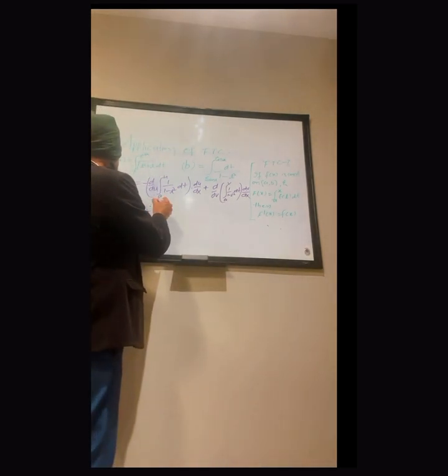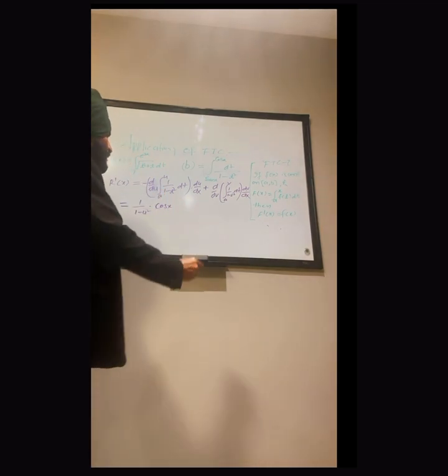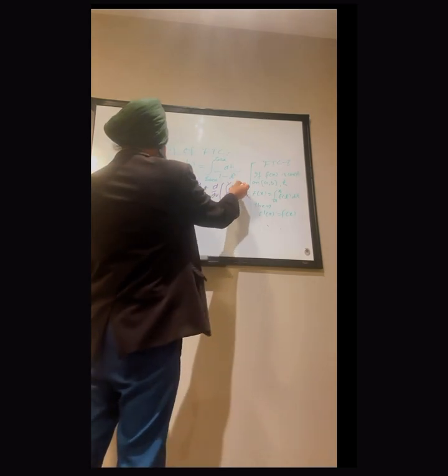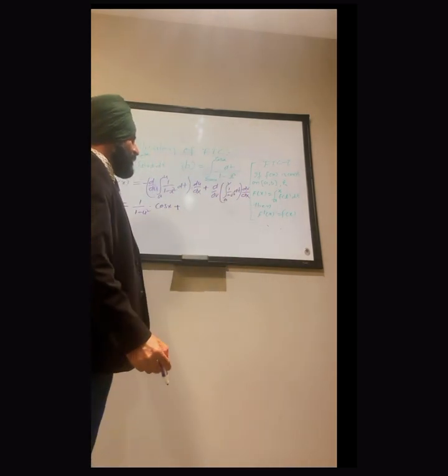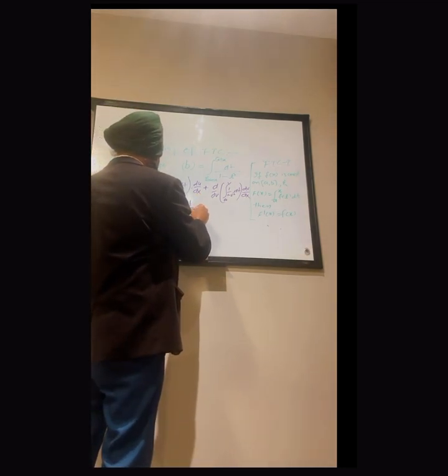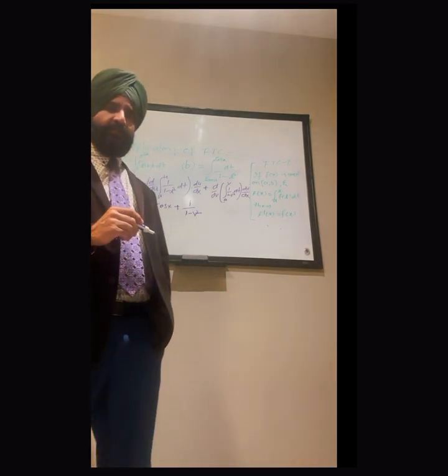So it will be cos x upon 1 minus u squared, plus the derivative of this integral according to FTC, which is 1 upon 1 minus v squared, times the derivative of v with respect to x.